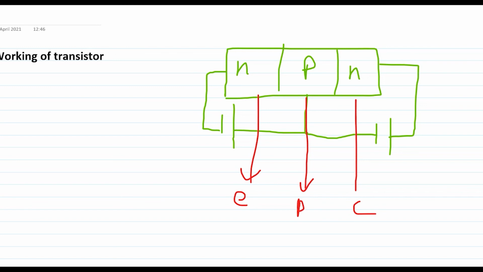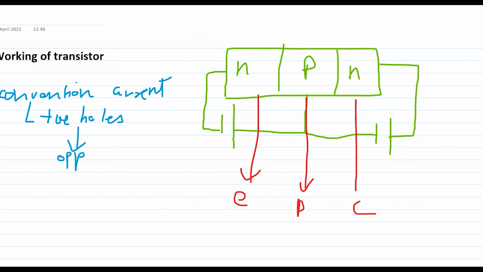Here, an important thing I want to tell you is that we take the direction of conventional current. The direction of conventional current is that of positive holes, which is opposite to electrons.